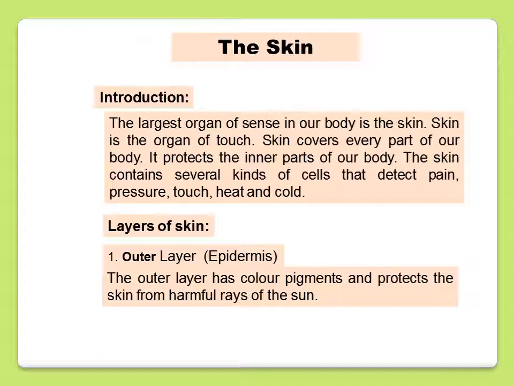These are ultraviolet rays. The outer layer of the skin contains the color pigments, and this layer protects us from ultraviolet rays of the sun. So this is the function of epidermis or outer layer.